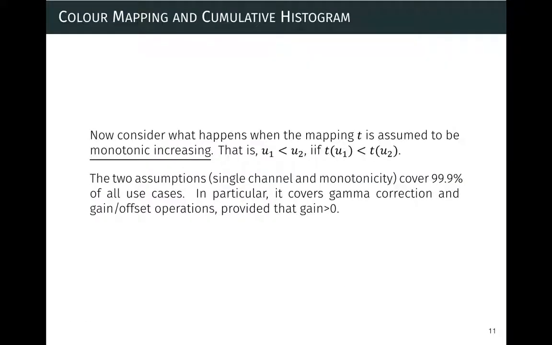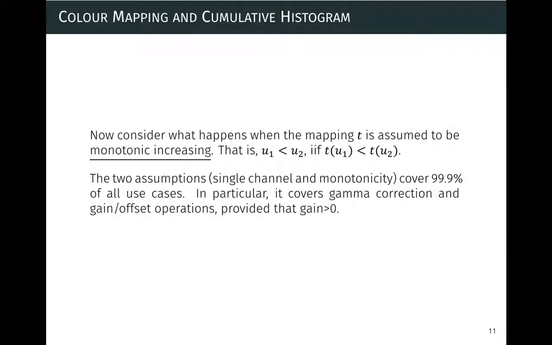Right, so I want to finish by talking about histogram equalization, how you can increase the contrast and make the picture more interesting for analysis, especially if you're working with medical imaging. We're going to look at a particular class of color transformation, which are monotonic increasing.